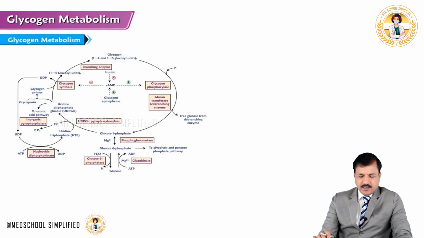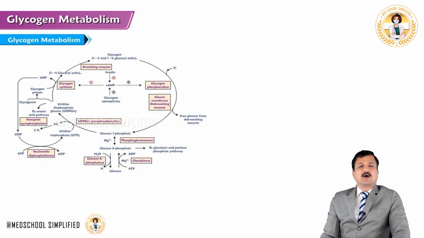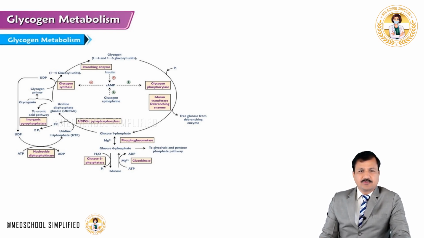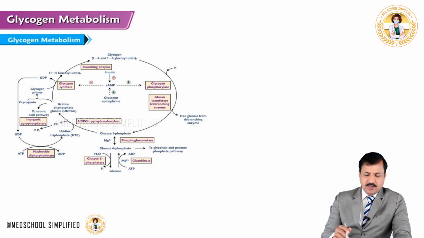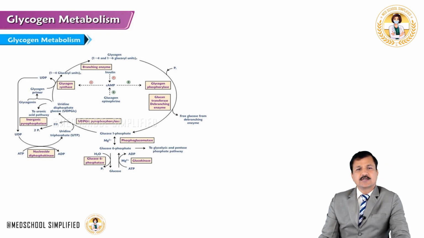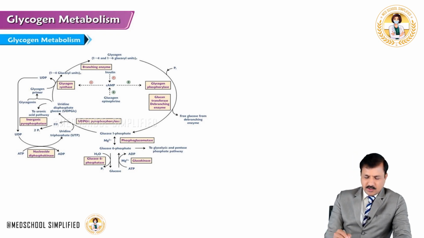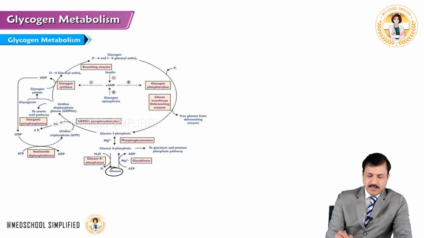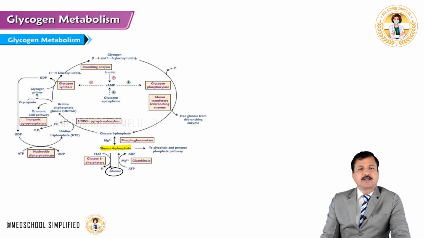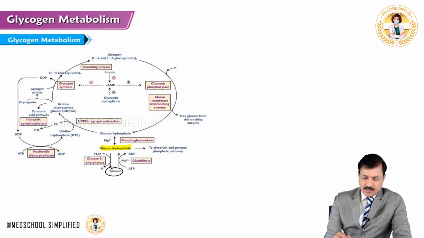Now this figure is giving an overview of both the pathways. On the left hand side you are seeing glycogen synthesis, on the right hand side you are seeing glycogen degradation. Excess glucose gets into the glucokinase reaction, making glucose-6-phosphate in the liver, and in other tissues it is done by hexokinase.